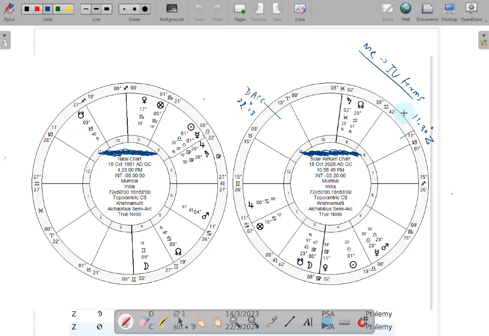Of course, you can use the transits to further pinpoint the event or look at the same event in a different way. Maybe I'll make another video on that, but this video is primarily focused on using primary directions and solar returns. And when I say solar returns, it is basically the lord of the year, I mean the perfected year lord, right?